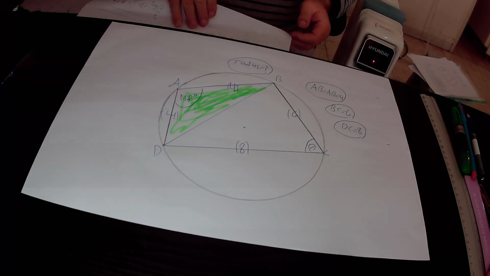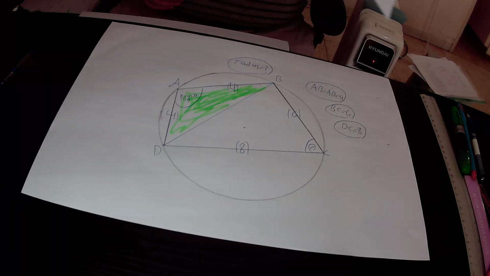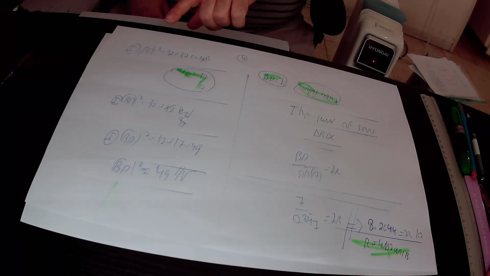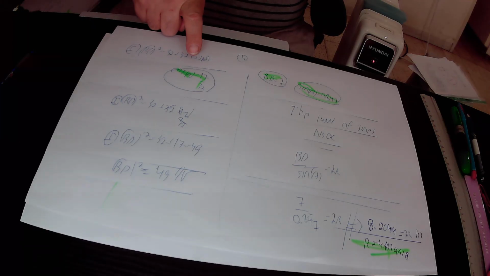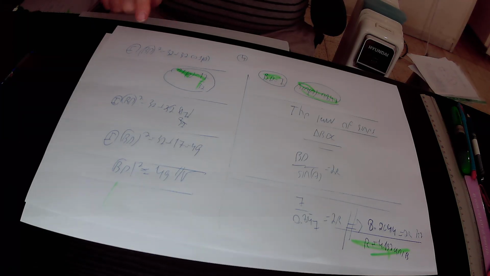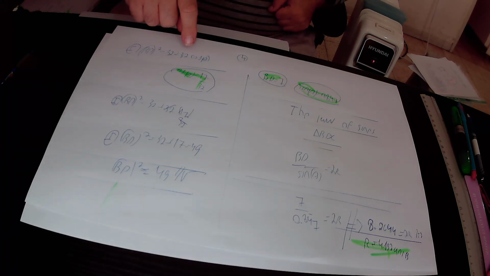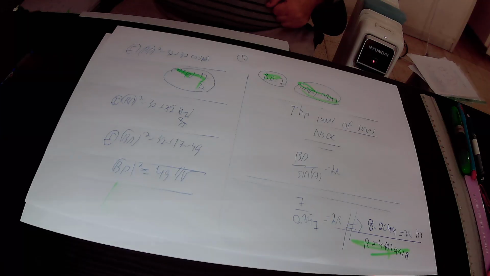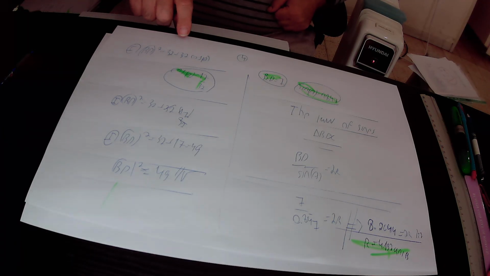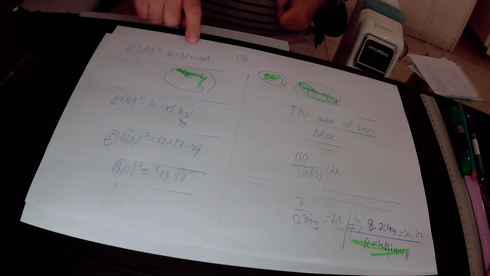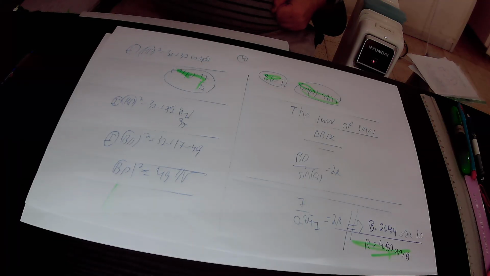According to equation 1, BD square equals 32 plus 32 times cosine theta. And we already found that cosine theta equals 17 over 32. So we substitute cosine theta by 17 over 32.